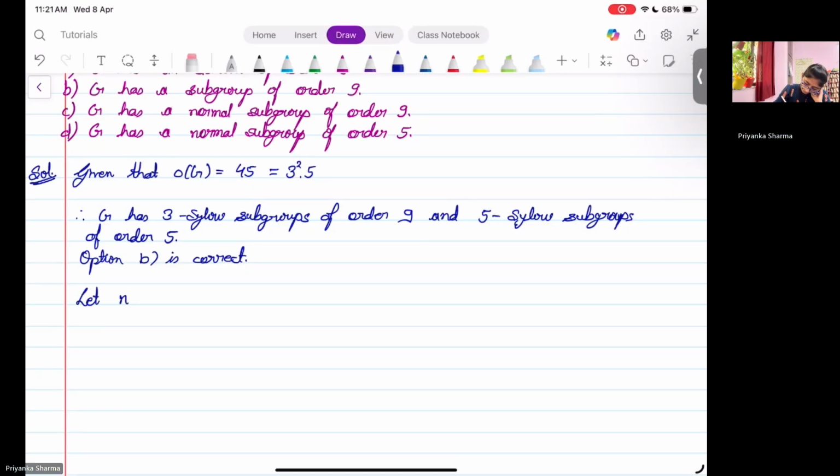Let n3(G) be the number of 3 Sylow subgroups. 3 Sylow subgroups means subgroups of order 9.